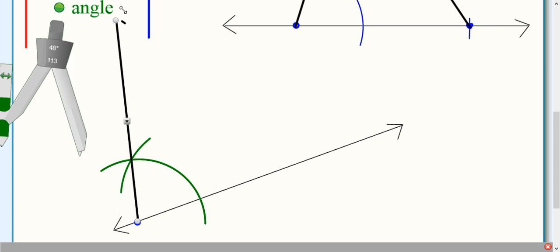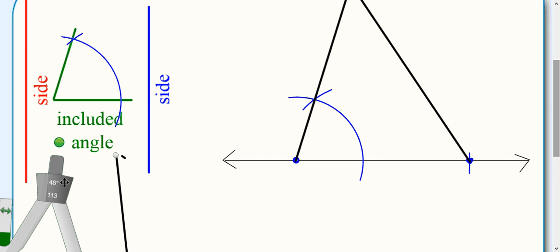So last time I did blue on the bottom and red on the side we created. I'm going to flip that, see if we can make a different triangle, see if it changes anything. We'll do red on the bottom this time.